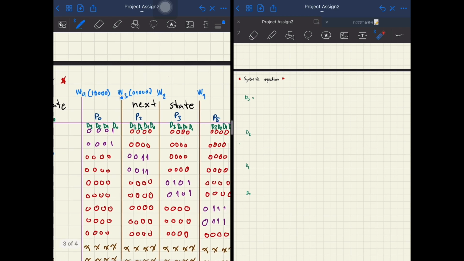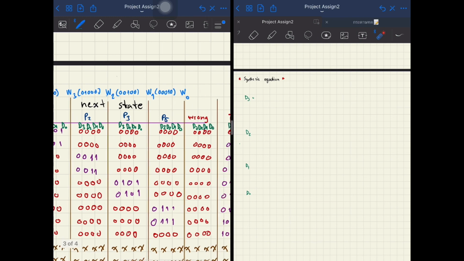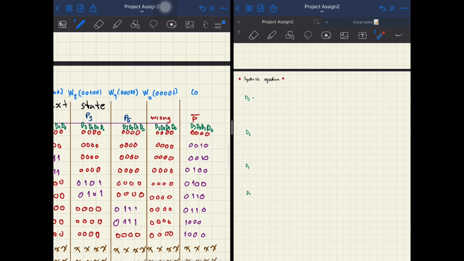W2 is 0 0 1 0 0, W1 is 0 0 0 1 0, sorry, W0 is 0 0 0 0 1, right? And not pressed is 0 0 0 0 0.